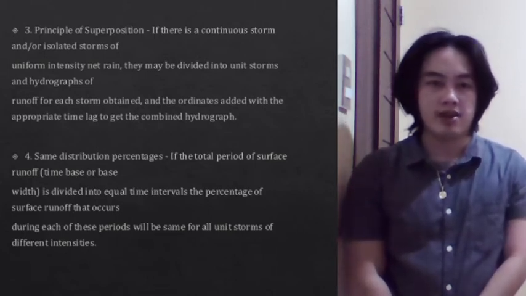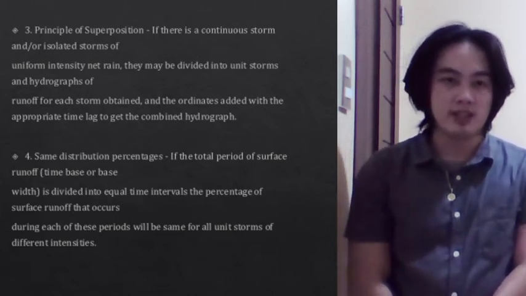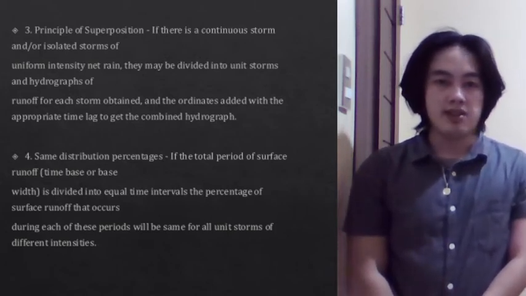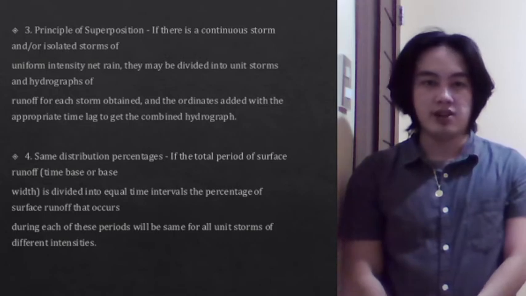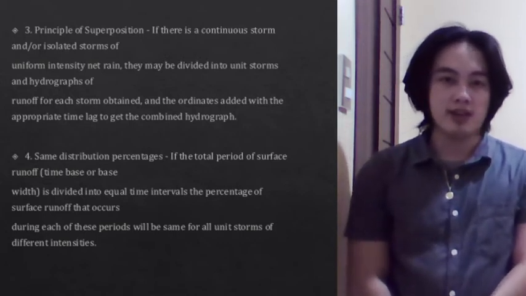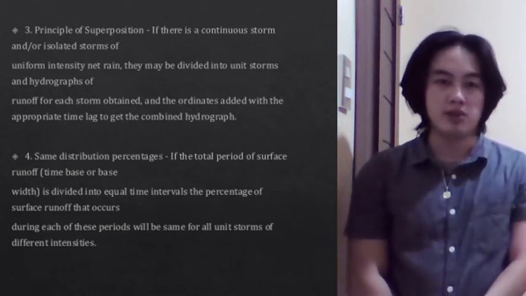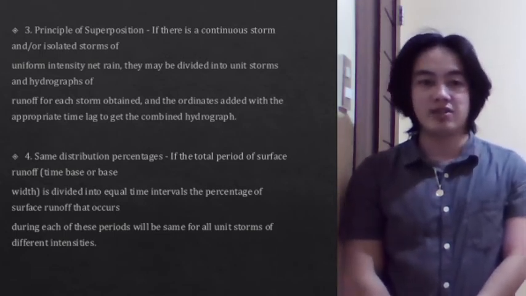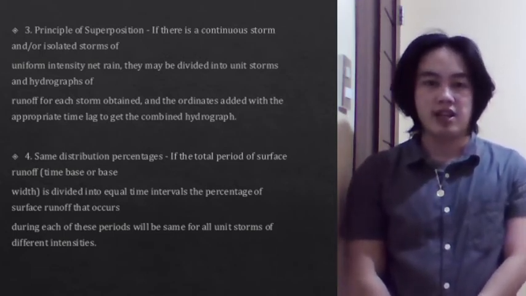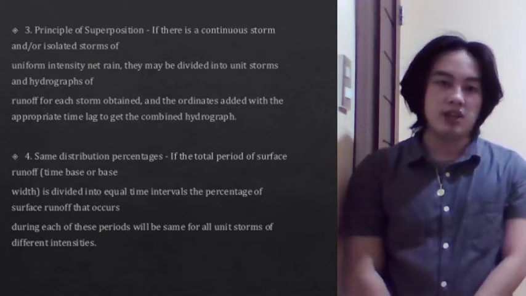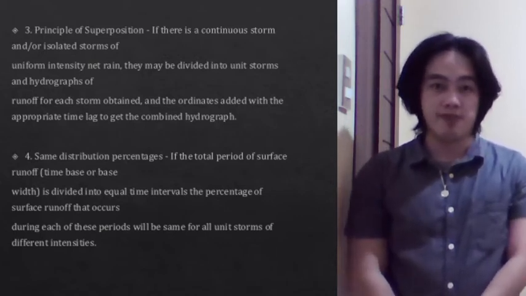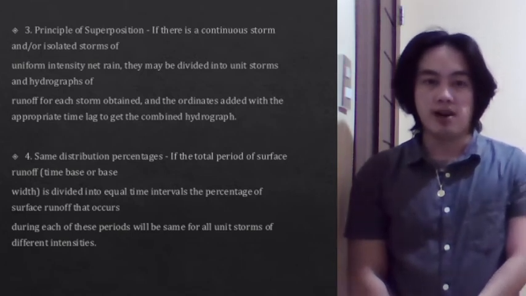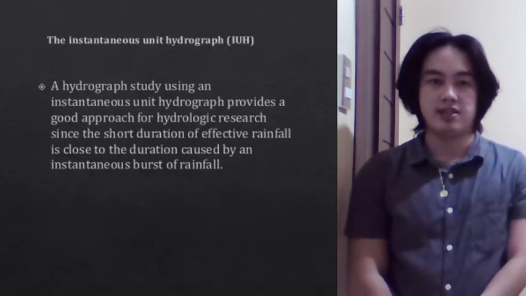The fourth one is same distribution percentage. The total period of surface runoff, or base width, is divided into equal time intervals, and the percentage of surface runoff during the period is the same for all unit storms of different intensities.